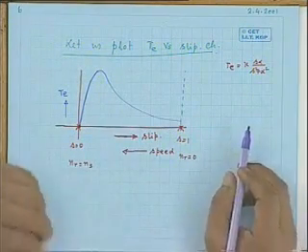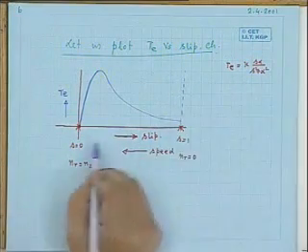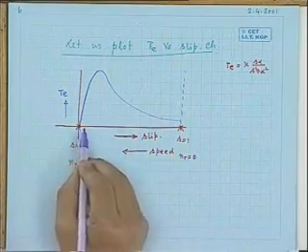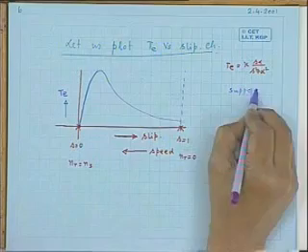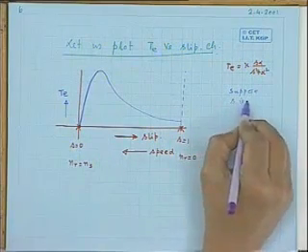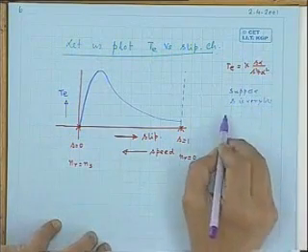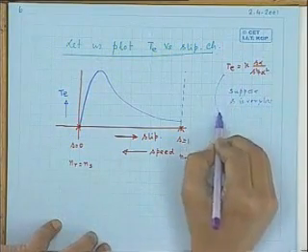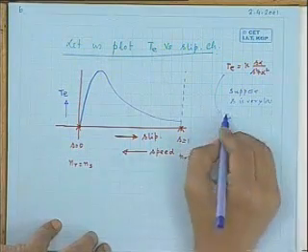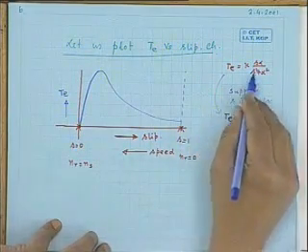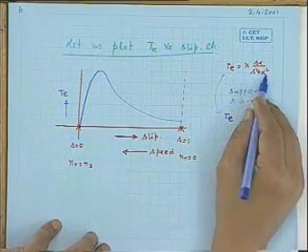This can easily be seen why it is so. Suppose you assume s is in the lower range, that is, suppose s is very low, then what will be the expression of Te? s square you can neglect.